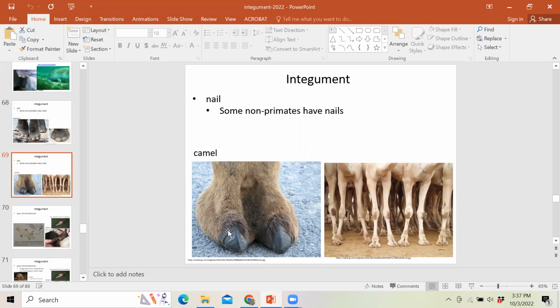Camels. So camels have what we call a hoof because we think of them as ungulates, which they are. The limb structure is an ungulate. The way they walk is an ungulate. They are an ungulate. However, instead of a hoof, they have nails. So it's not actually a hoof.